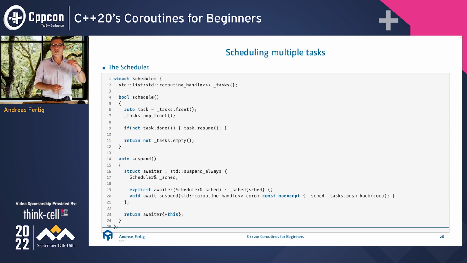And then the only thing I'm overriding from suspend_always in line number 20 is await_suspend, because this time I'm interested in the coroutine handle once the coroutine gets suspended. Because what I'm doing here, I'm using the reference to my scheduler and pushing back this coroutine handle to the list of tasks. And by that, when I schedule, I pull one out, and when the coroutine suspends itself, it can push itself back into the task list.